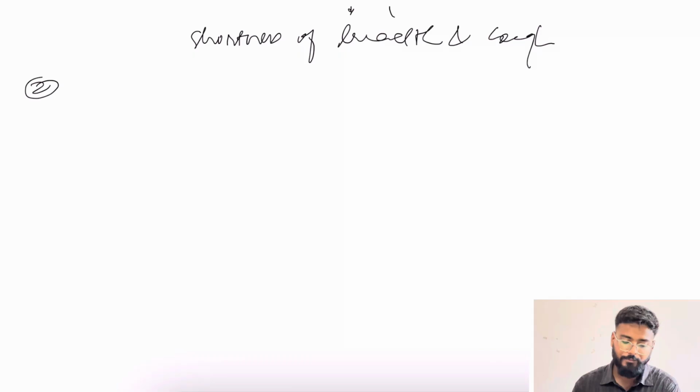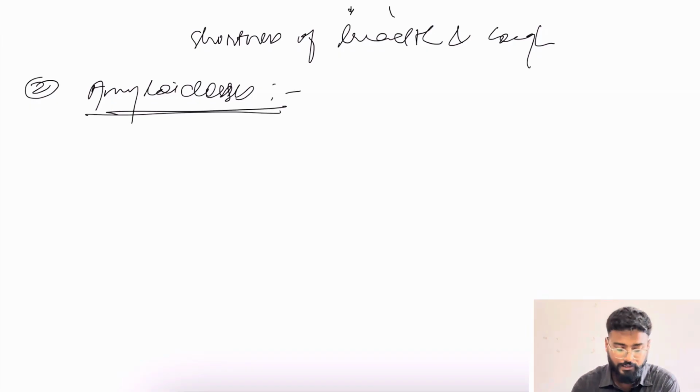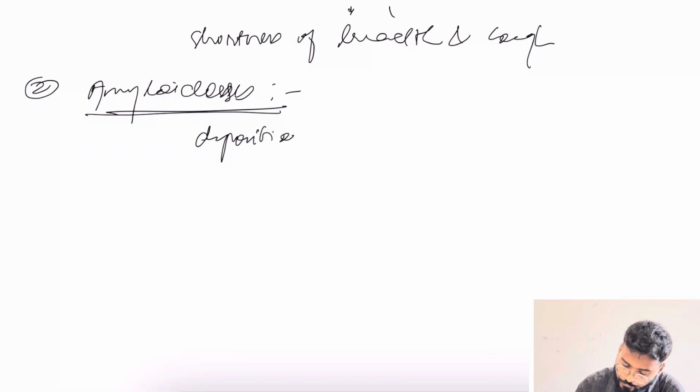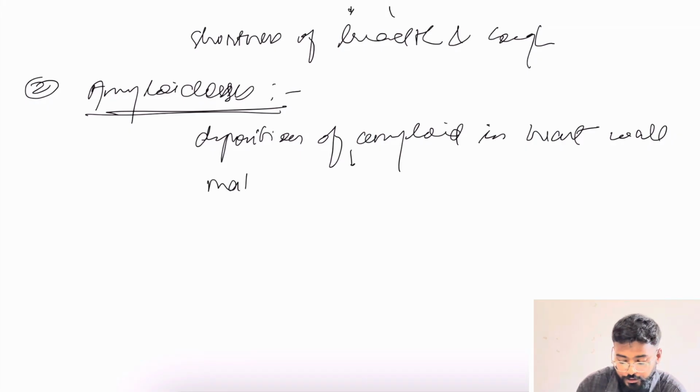So in case of amyloidosis of heart, there is deposition of amyloid in the heart wall. This in turn is going to make the walls stiff.